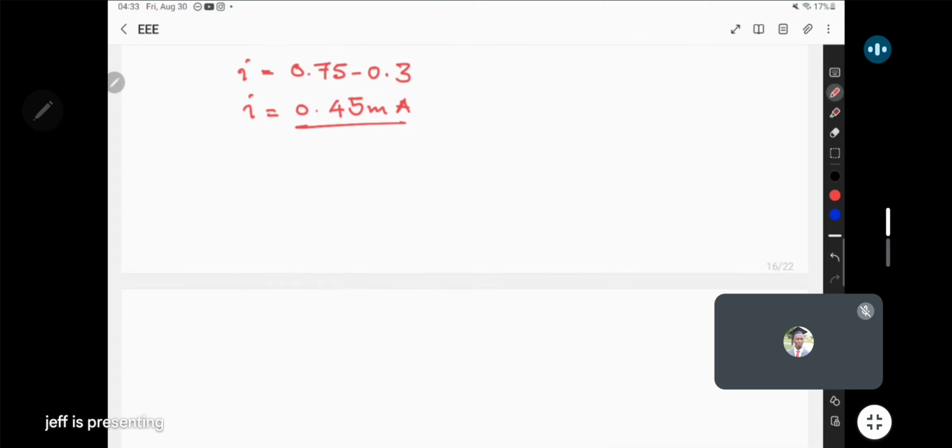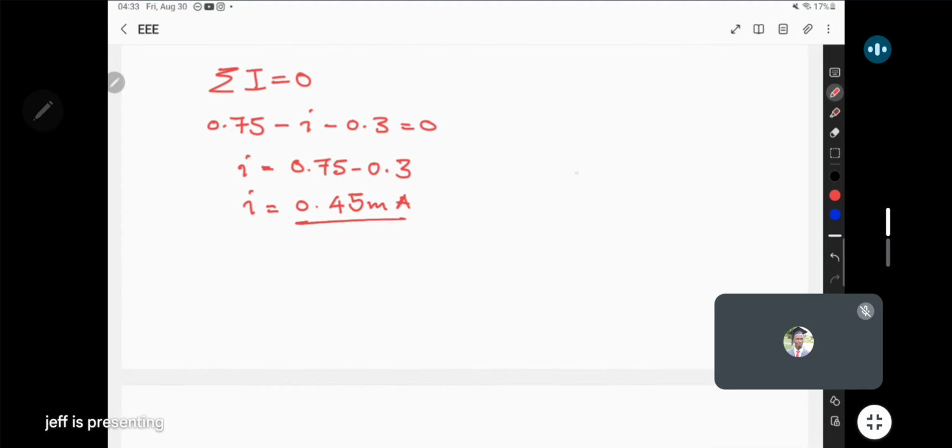Well, those two are in parallel. If the elements are in parallel, you have 20 here and you have 20 here. And then the current that is going to the combination of the two is 0.45 milliamps.